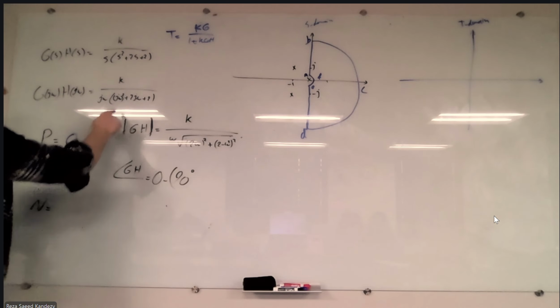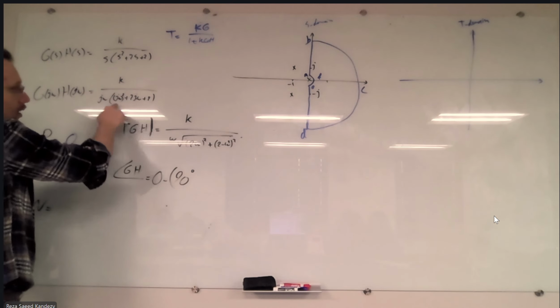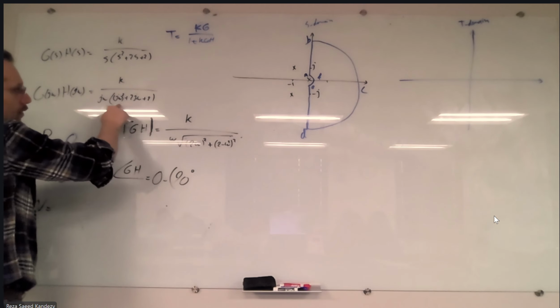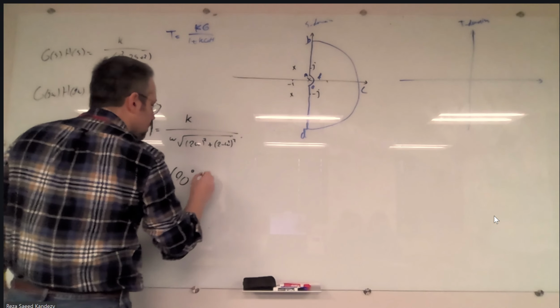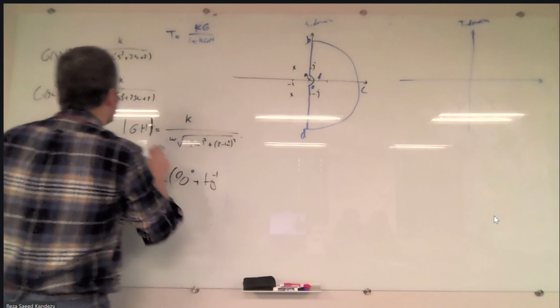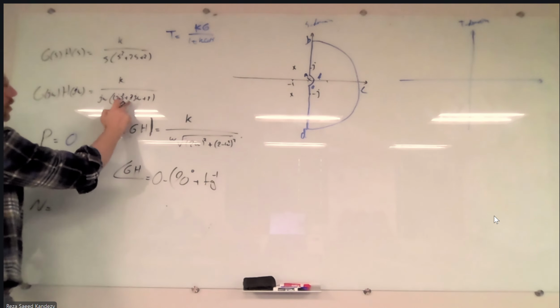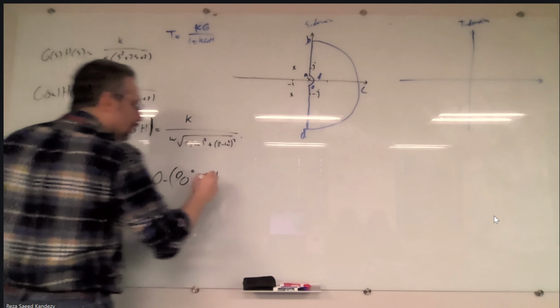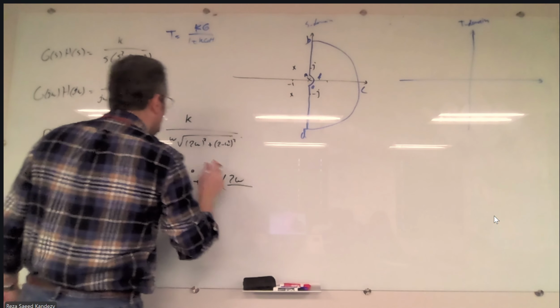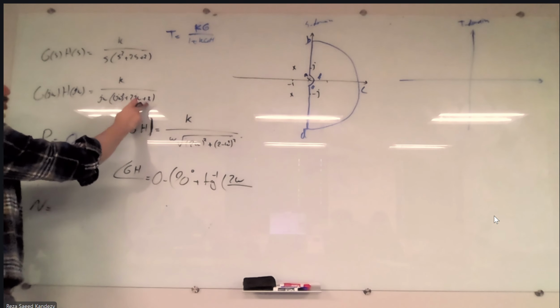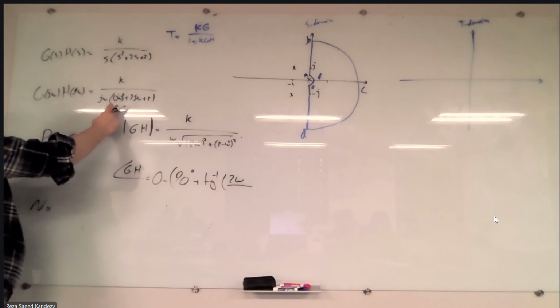And the phase of this second order term is going to be tangent inverse of the imaginary part, which is 2 omega, divided by the real part, which is 2 minus omega squared.